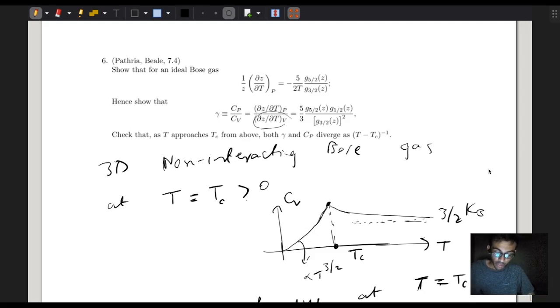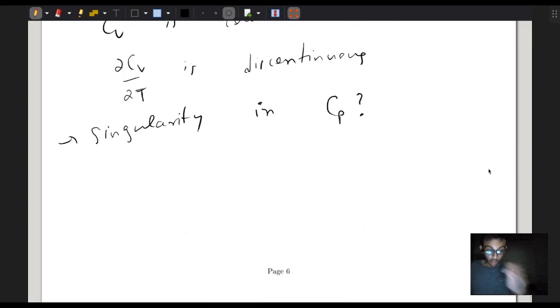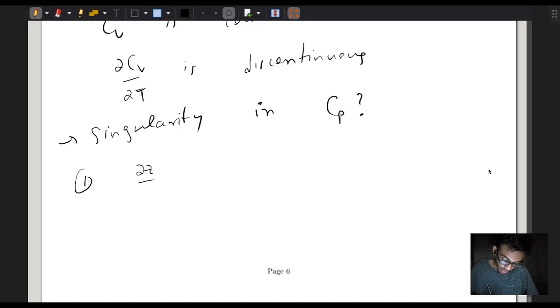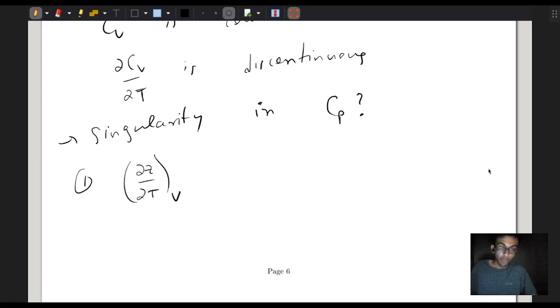This thing we have in the denominator. So let's start with this quantity, ∂z/∂T at constant volume.